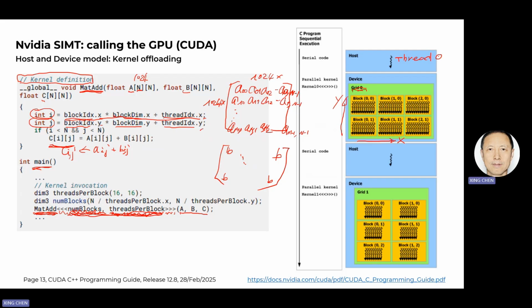So by using this block position, we can work out, if you look at these threads within this two-dimensional array, the position of each thread.